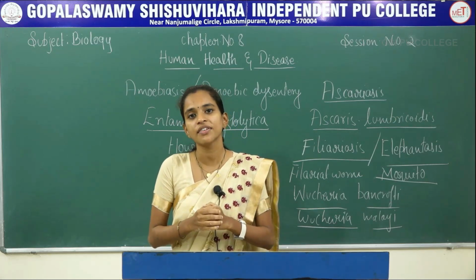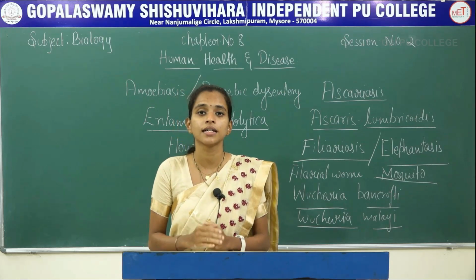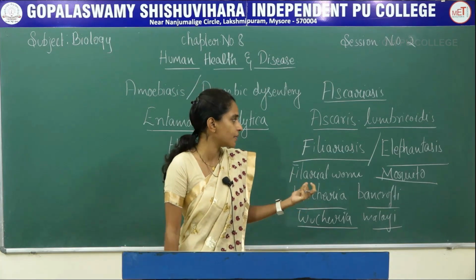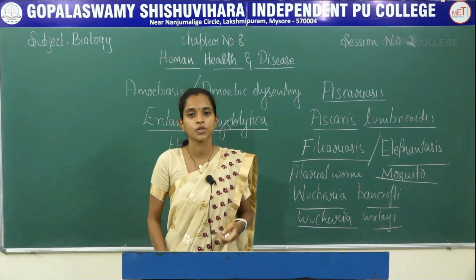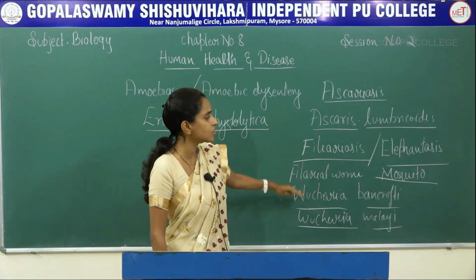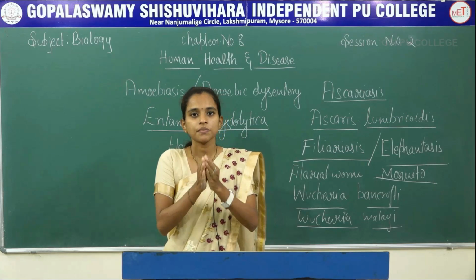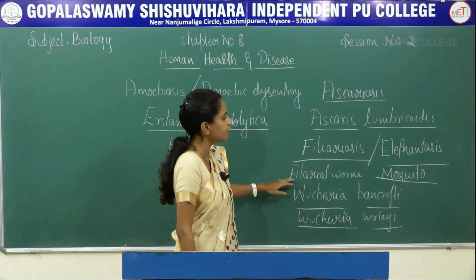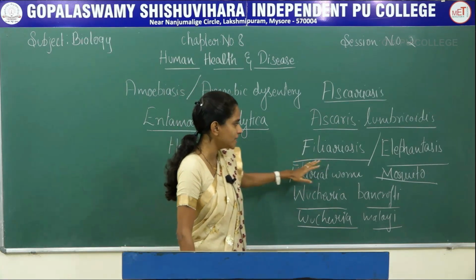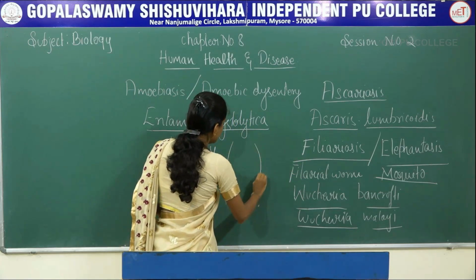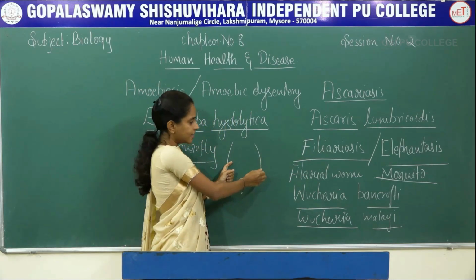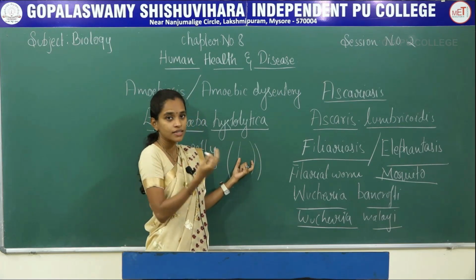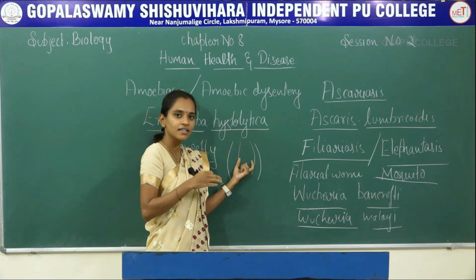It does not affect only the locomotory organs; in certain cases it even affects the genital organs in males as well as females. This is an irreversible change. Once the filarial worm enters the body, it affects the lymphatic system and the size of the locomotory organs increases, and there will be no reversible change. If the size of the leg increases like this because of the swelling in the lymphatic vessel, once we identify the symptoms, we can give the treatment.